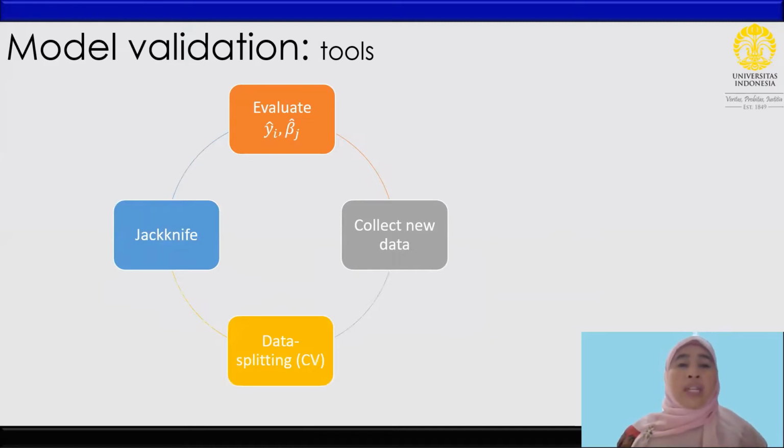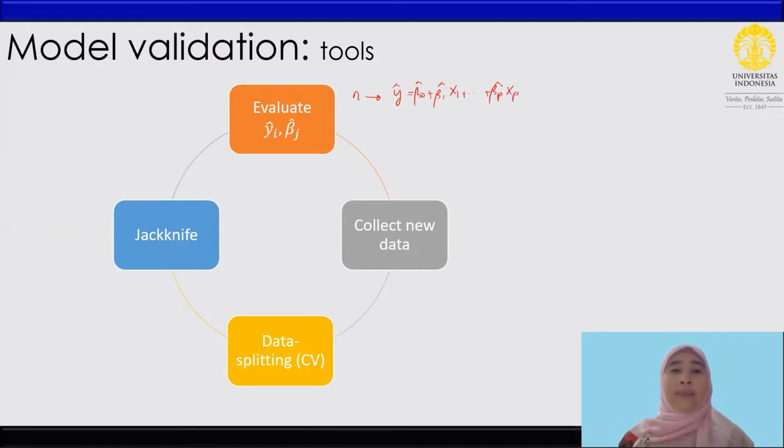Okay, so in evaluating the y_i cap or the beta_j cap, in the previous slide, we see that we take a sample, let's say of size n, and here we get our line equation, for example, given by y equals beta naught cap plus beta 1 cap x1 plus and so on, plus beta p cap xp.